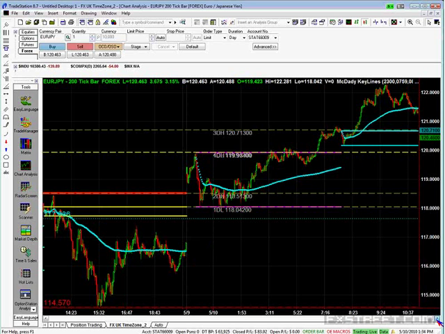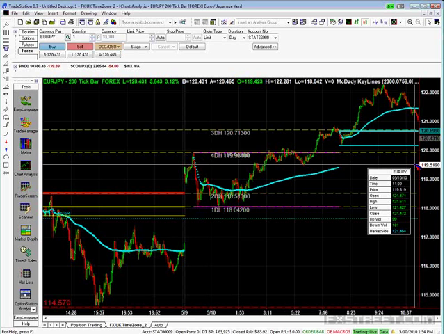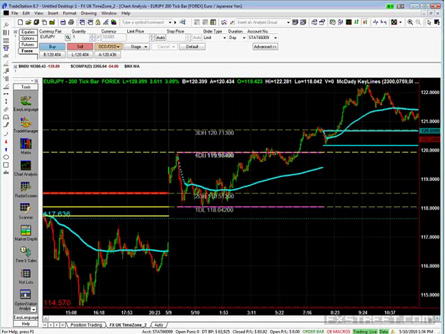And towards the end of the session, coming here right now, we can see that this is 11 o'clock London time. So this means it's beginning later in the session. It's beginning to roll over and come down.